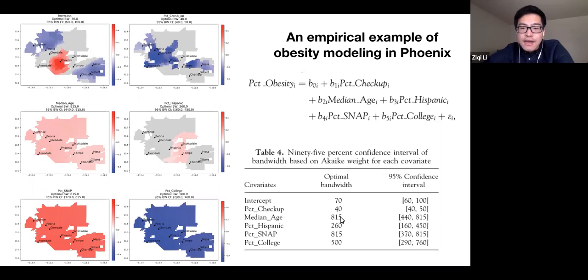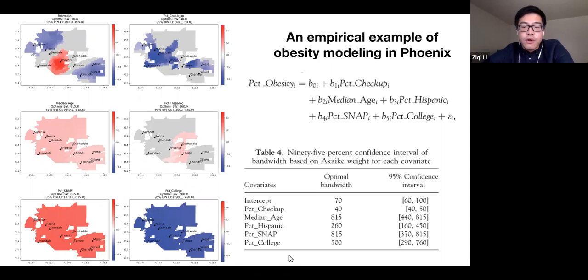We can see that for the intercept and the percentage of people doing annual checkups, their bandwidths are small and their confidence intervals are also small compared with the rest of these demographic variables.